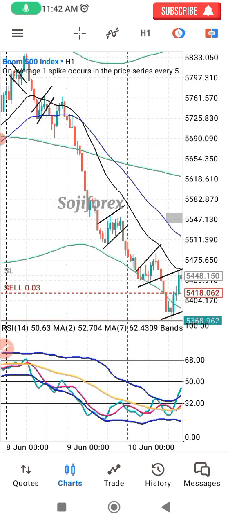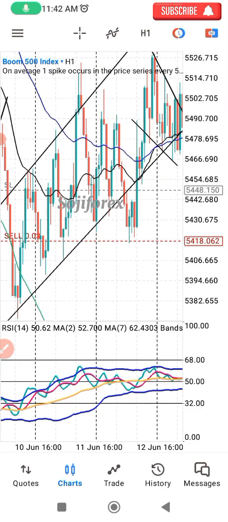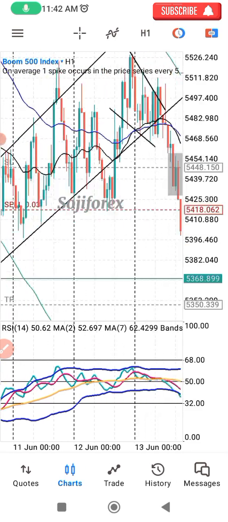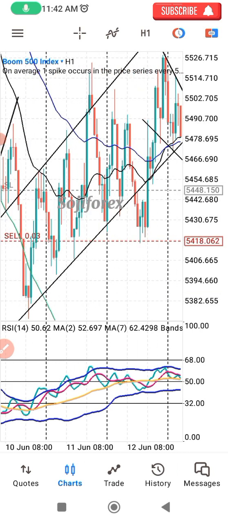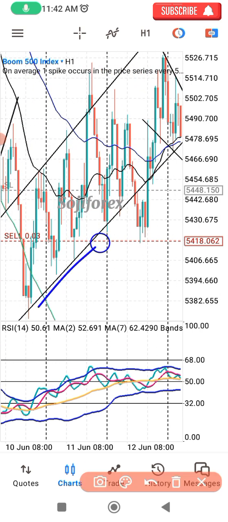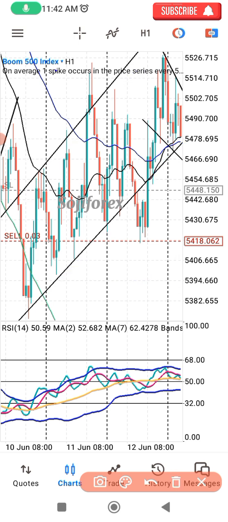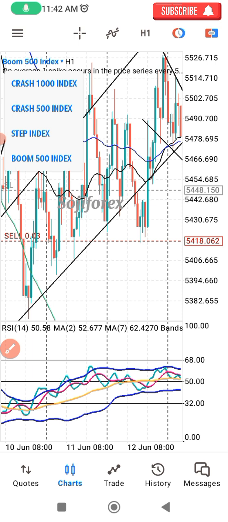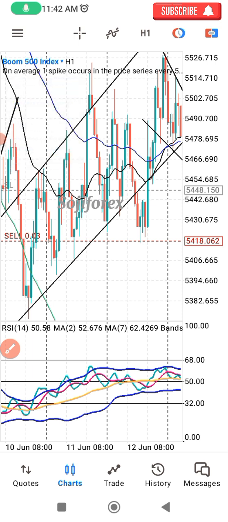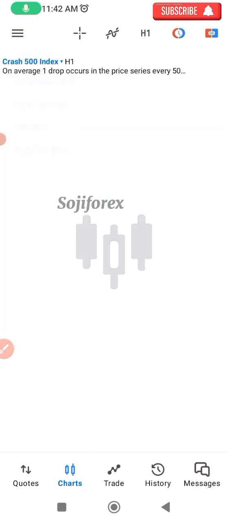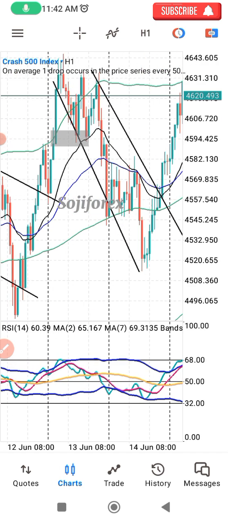So you can see how effective this strategy is. Look at this one too, even this one that plays out here, and then how it plays out. So these things are very much pretty simple. All you need to do is go back to your chart and backtest them. Go back to your chart and backtest it.